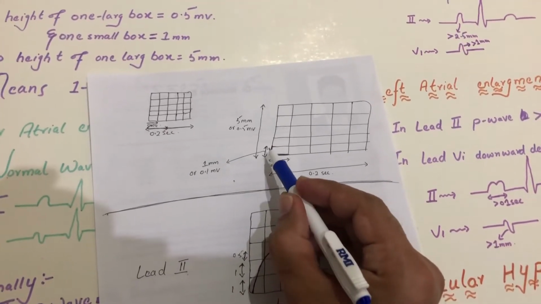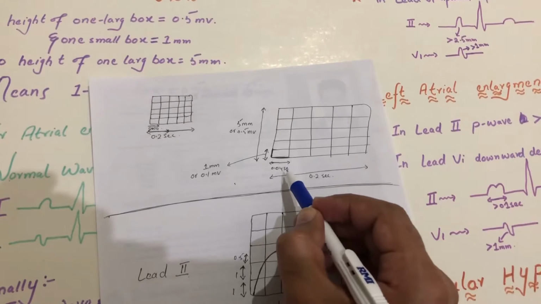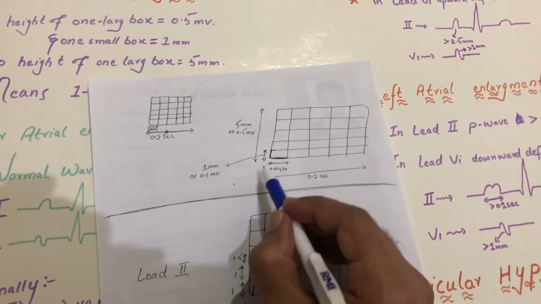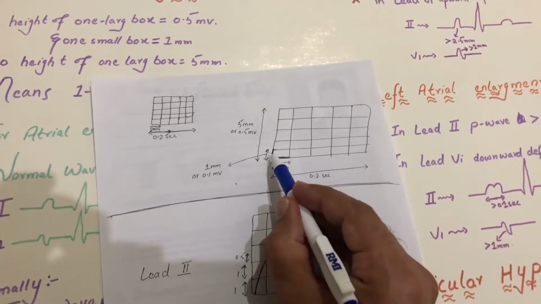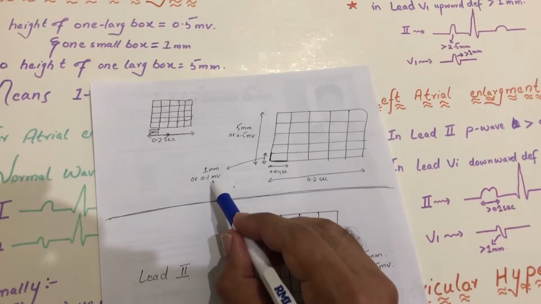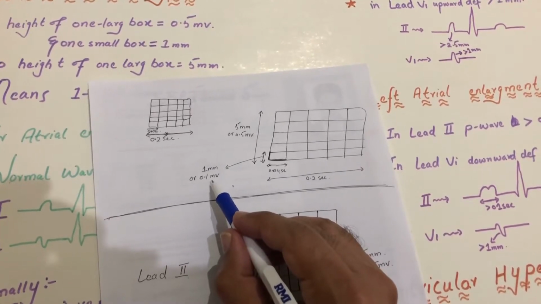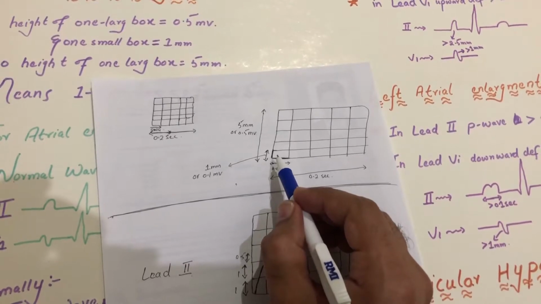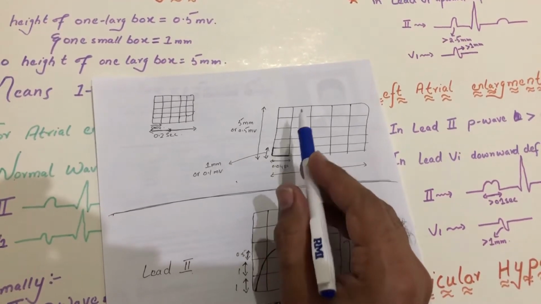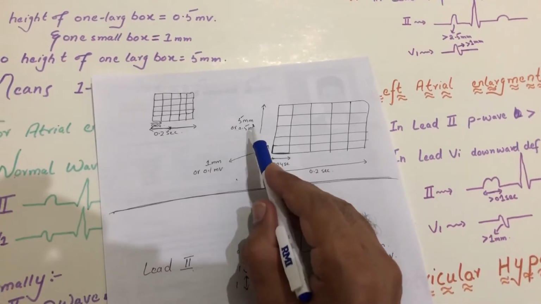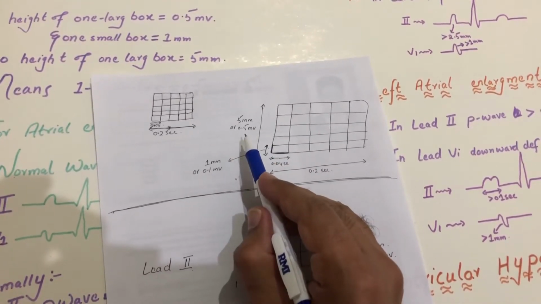But vertically we are not talking about seconds. We measure the vertical length in millimeter or millivolt. The vertical length of a small box is equal to 1 millimeter or 0.1 millivolt. So the vertical length of 5 small boxes, or one big box, will be equal to 5 millimeter or 0.5 millivolt.